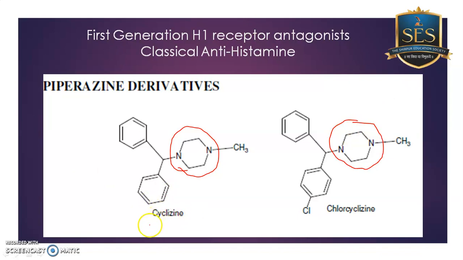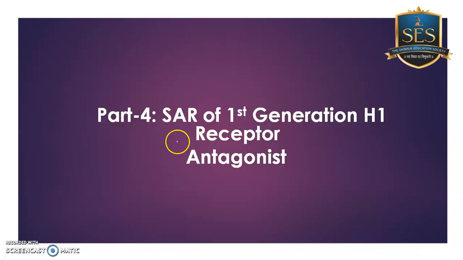The name of this compound is cyclizine. Why is the name cyclizine given? Because here they have cyclized this, and hence the name is cyclizine. And here you can see chlorcyclizine, because additionally a chloro group is there. So I hope you'll remember these four to five categories.